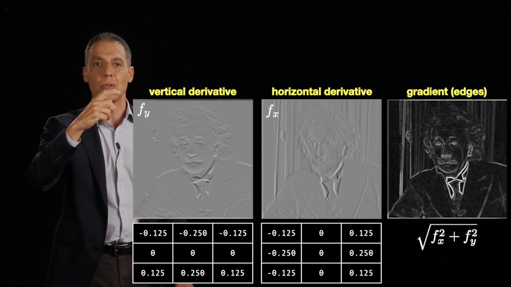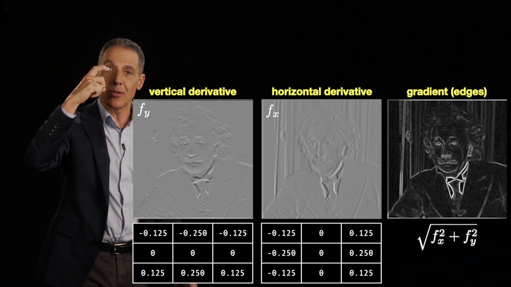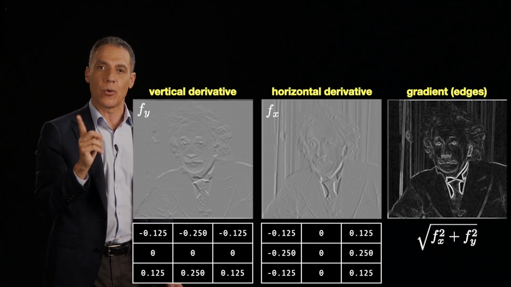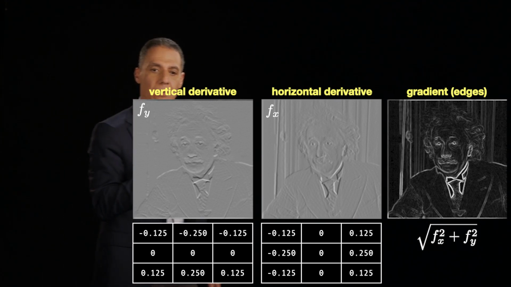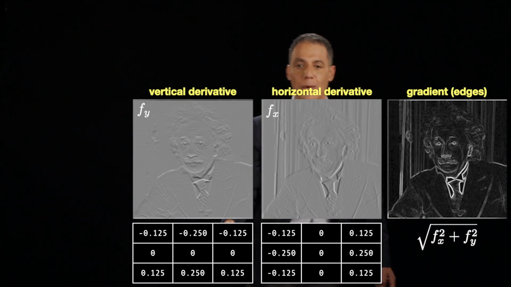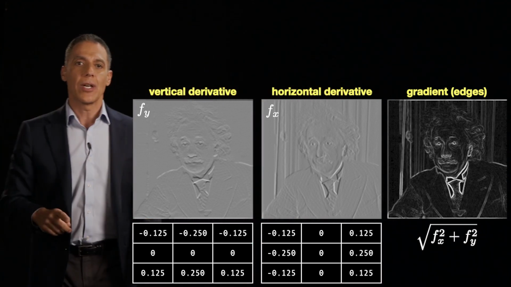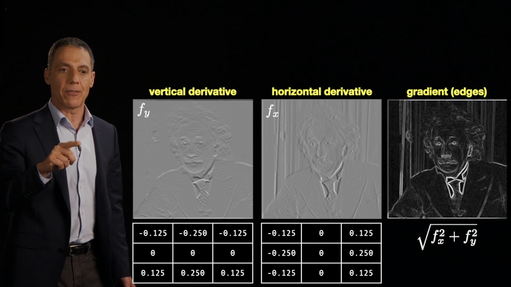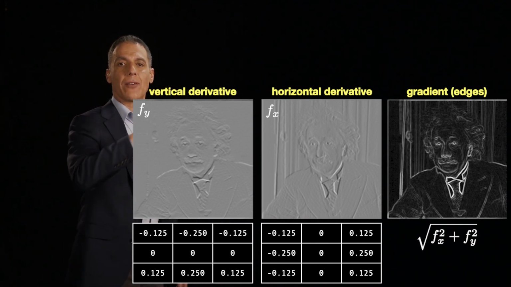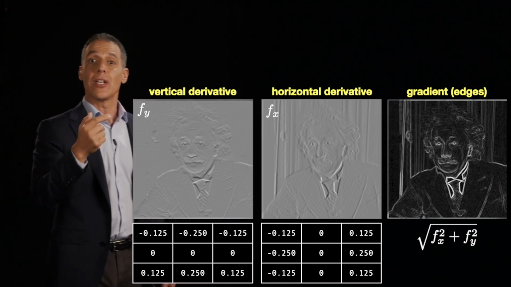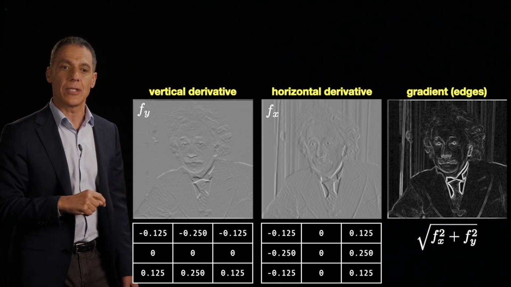The magnitude is simply the magnitude of the vector corresponding to the horizontal derivative and the vertical derivative, which of course is just that guy right there, the square root of f_x squared plus f_y squared, where f_x and f_y are the horizontal and vertical derivatives, each determined by a convolution.